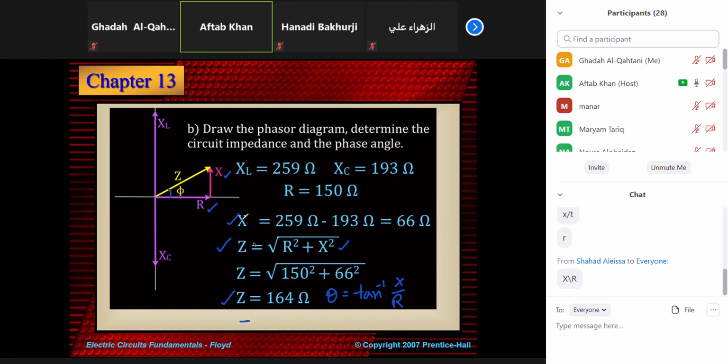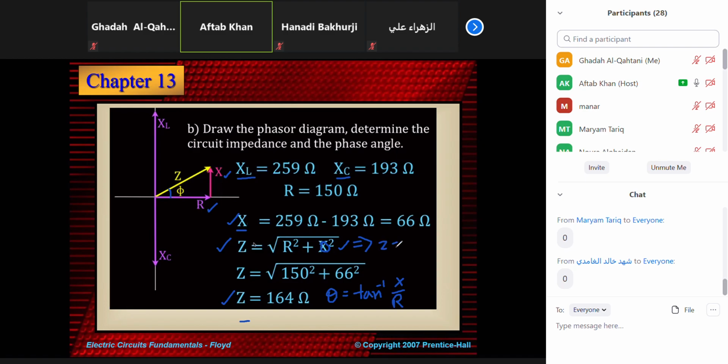Now girls, just assume XL and XC are both equal. What will be the value of X at that time? 0. So if it is 0, what will be the Z?